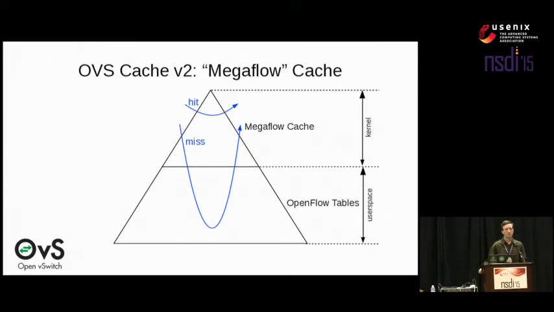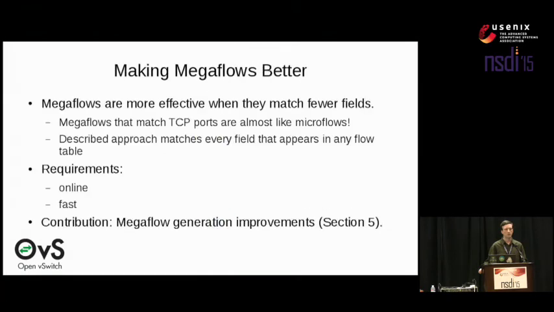Because a particular TCP port is only used for a few packets in many cases. So we needed an algorithm for generating megaflows that matched on as few fields as possible, because then the megaflows are as effective as possible.